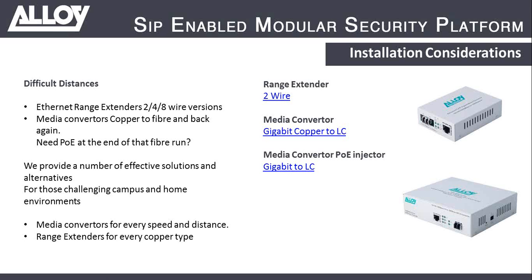Now, where we use a hell of a lot of these is in security installations where we have fiber and power at the bottom of a pole. We put one of these media converters in, connect it to the fiber, and then run the copper up the pole to where the camera is mounted and provide AT power to that camera. So handy little product to have in your kit bag.